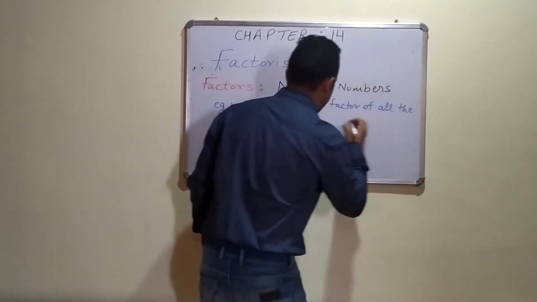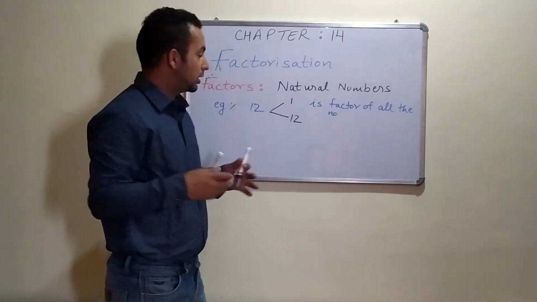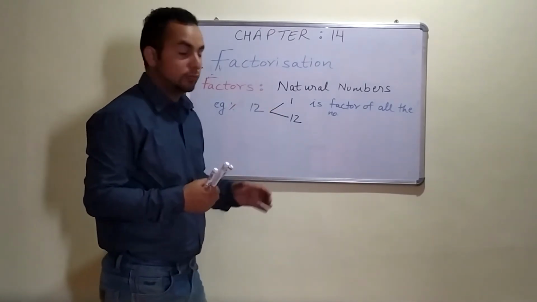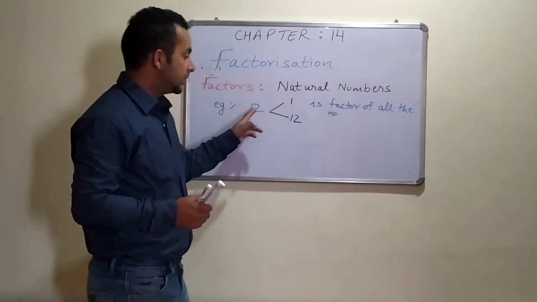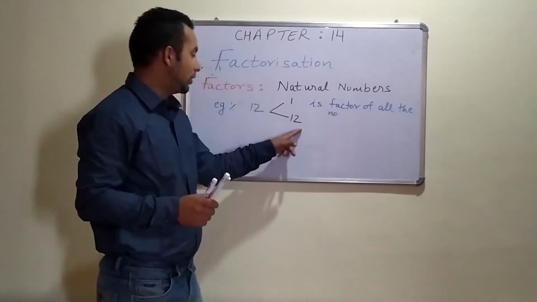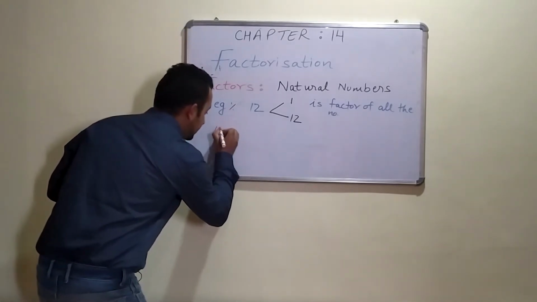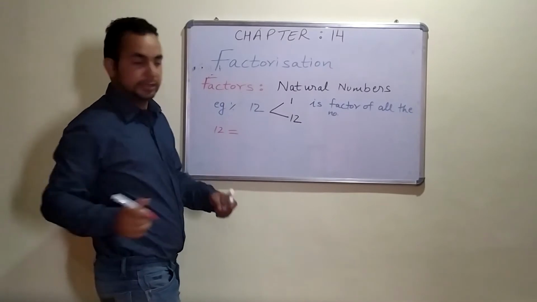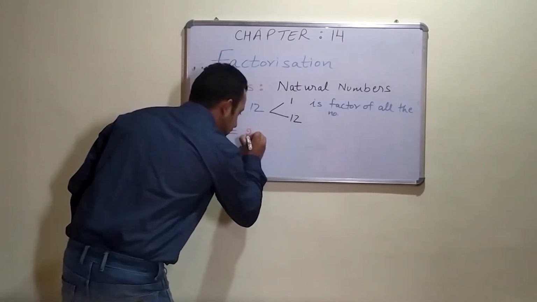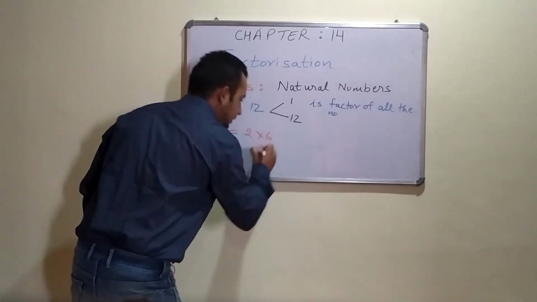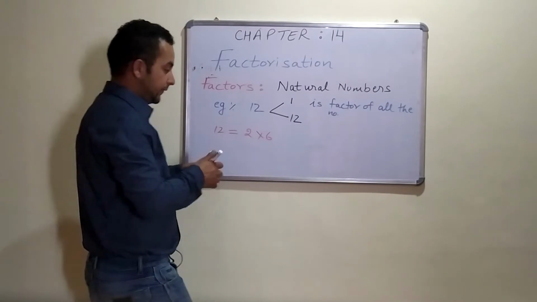Number 1 is a factor of all the numbers. The number 12 itself is also a factor of 12. From the table of 2, 2 sixes are 12, so 2 and 6 are factors of 12.